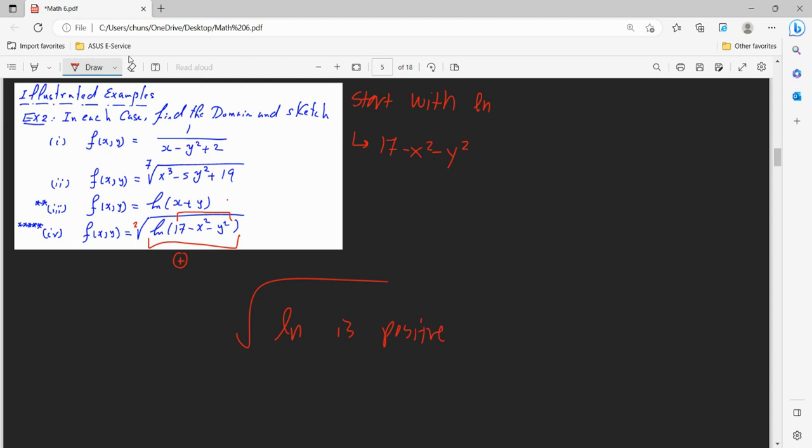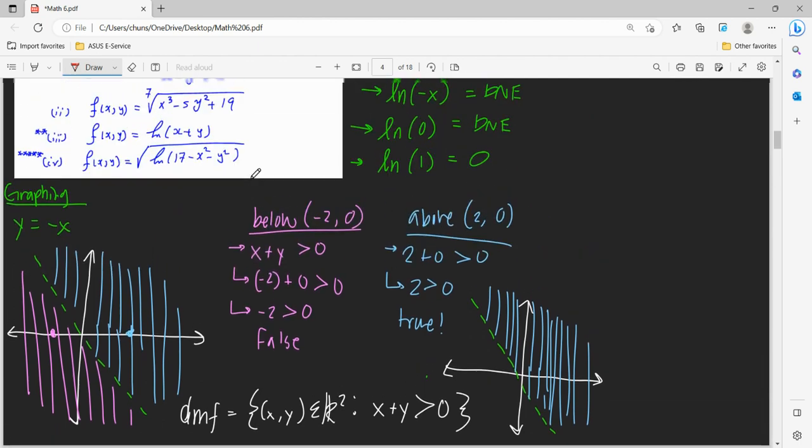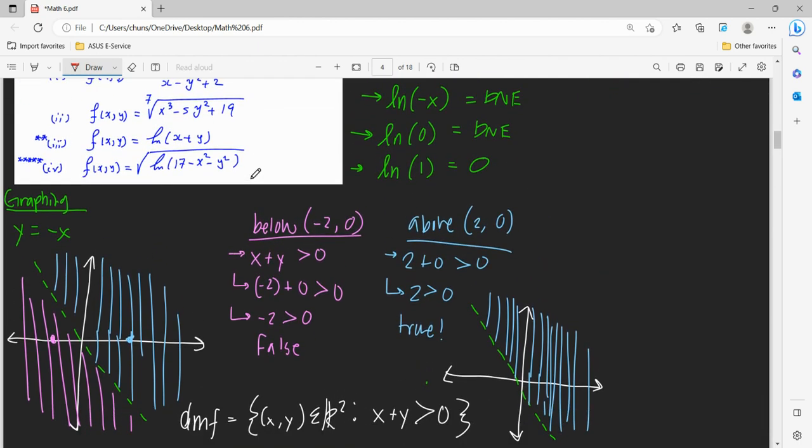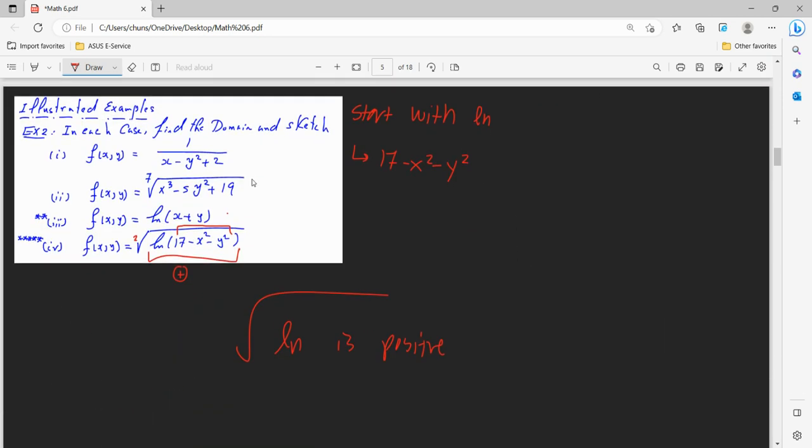So, we know that ln 1 equals 0, and anything in between 0 and 1 will be negative, because if you plug in for ln 0.5, for example, you get a negative number of negative 0.693, and we can't have negative numbers under our radical. So in this case, this has to be greater than or equal to 1 this time around.